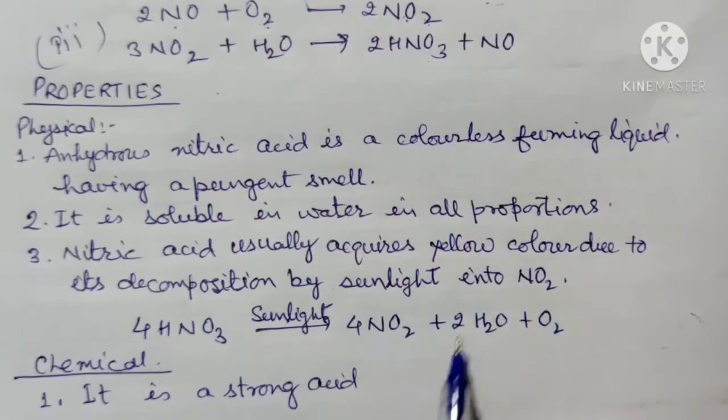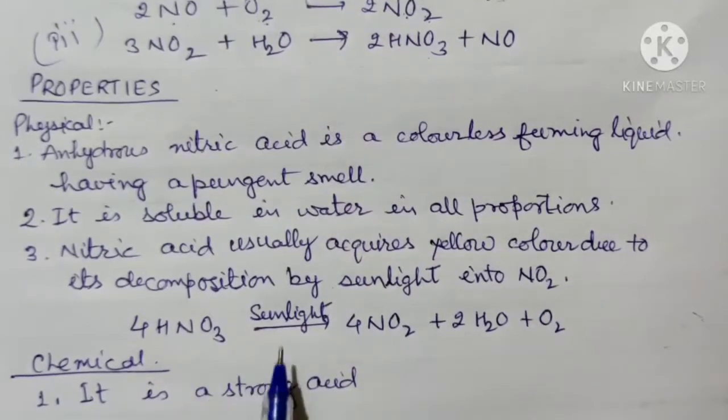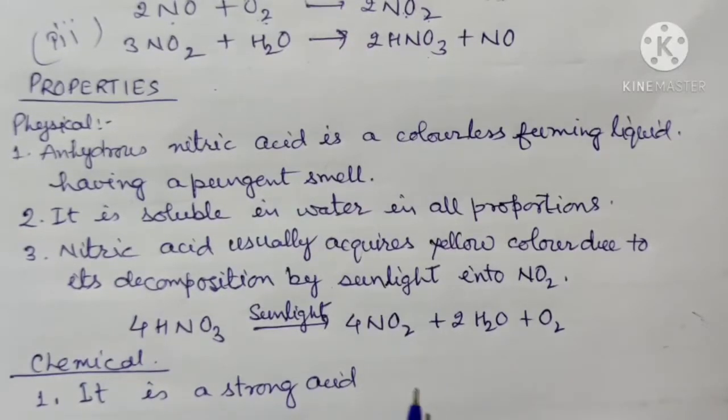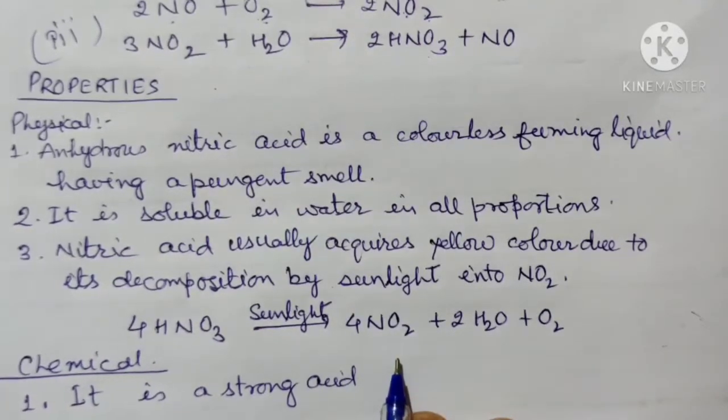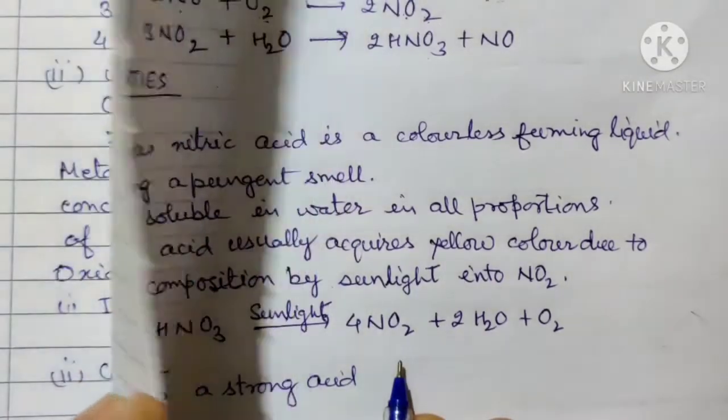In the presence of sunlight, nitric acid decomposes to form nitrogen dioxide, which is brown in color. That's why the color changes to light yellow due to the formation of nitrogen dioxide. It is soluble in water and also forms an azeotropic mixture. So this is about the physical properties.